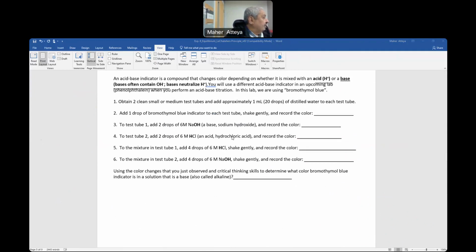Litmus paper is a piece of paper that has been soaked in an indicator, an organic dye. You can make your universal indicator from red cabbage. Red cabbage is a very nice indicator, so you don't have to have litmus paper at home.